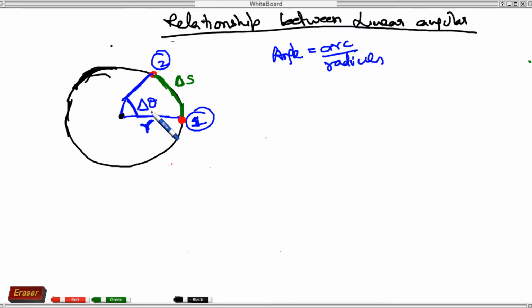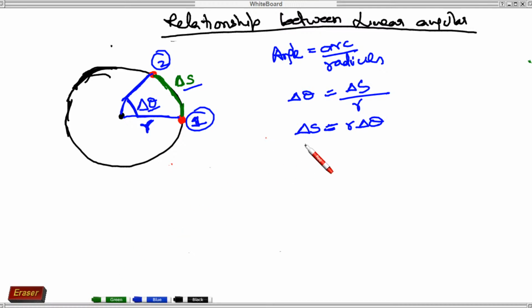What is the angle here? Here we have delta theta as the angle. What is the arc? That is delta s. And what is the radius? That is r. Or we can write it as delta s is equal to r delta theta. Now we divide both sides by delta t.